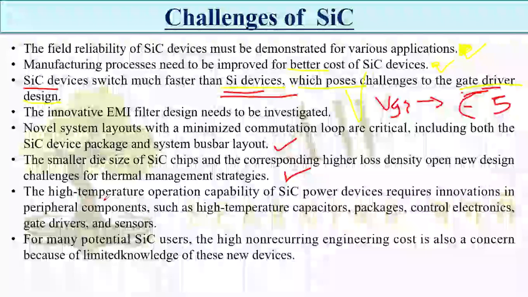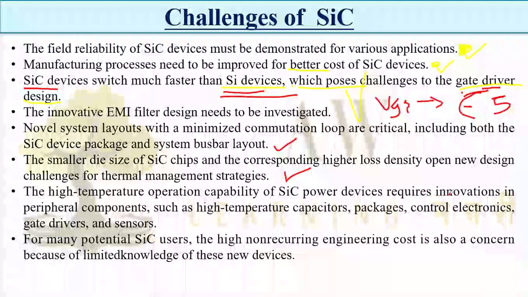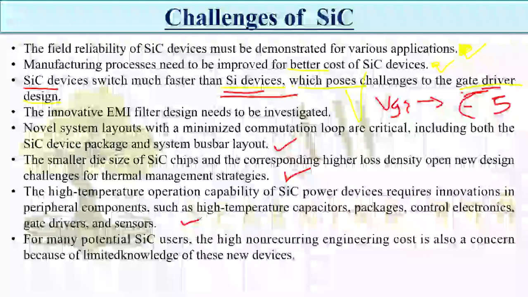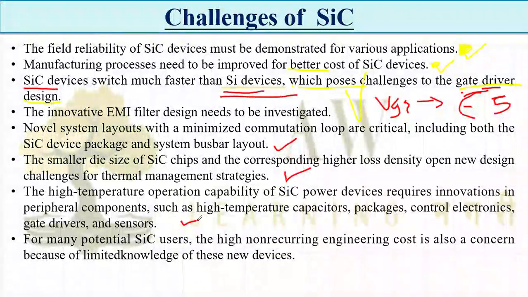Another point is that the high temperature operation capability of silicon carbide power devices requires innovations in peripheral components such as high temperature capacitors, packages, control electronics, gate driver and sensor. What I wanted to say from this point is that silicon devices operate up to some particular temperature level. With the advancement in silicon carbide devices, I can improve my temperature range. I can use very high temperature applications with my silicon carbide or gallium nitride devices.